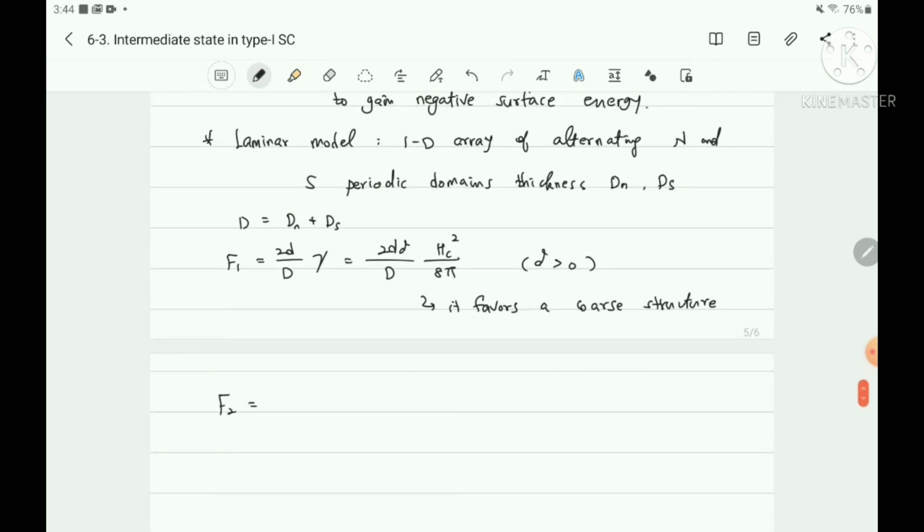Therefore, F2 can be calculated as the surface field energy of the normal state minus the uniform field energy.